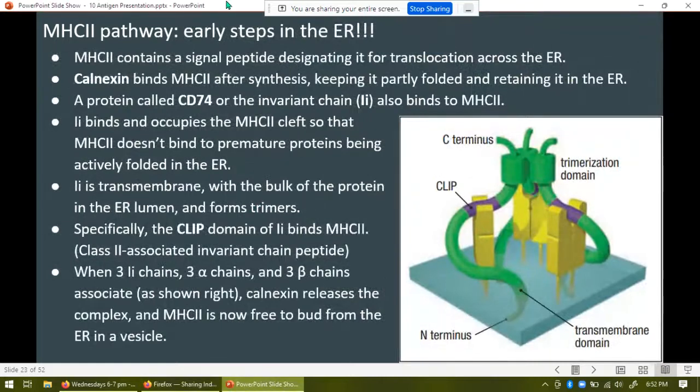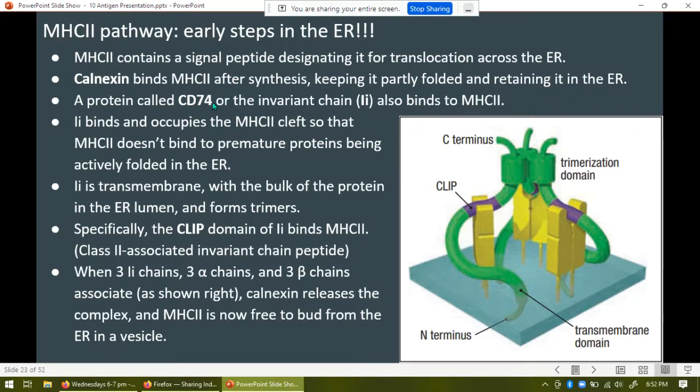Some of the first steps of the MHC2 pathway again begin in the ER, but this is not where MHC2 is loaded with peptides. It's just where it's synthesized. MHC2 contains a signal peptide, or SP, that designates it for translocation across the endoplasmic reticulum. Here, calnexin first binds to MHC2 freshly after synthesis, and it keeps it partly folded and retains it in the ER for a short time.